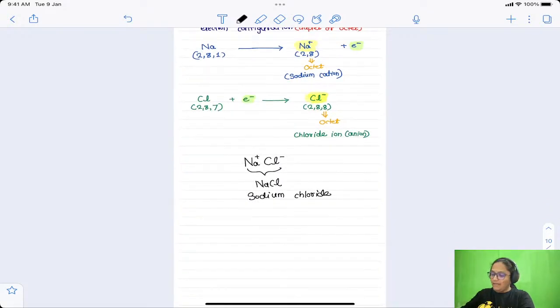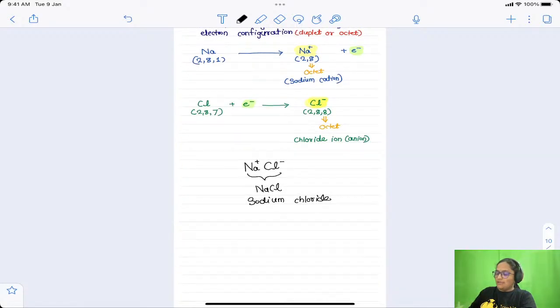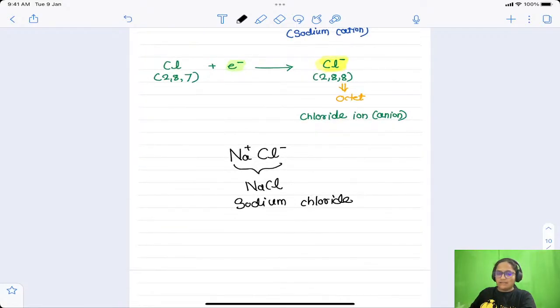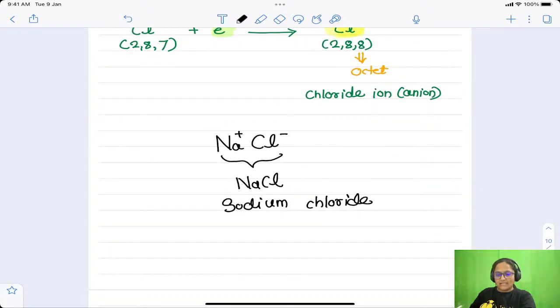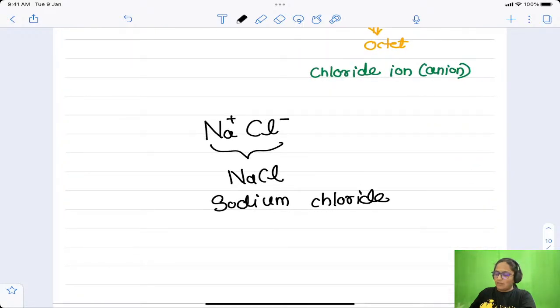Now here Na plus and Cl minus, they are oppositely charged ions, right? One is positive, another is negative. That means there is attraction. So there is a type of attraction in them. Na plus and Cl minus is attracted by a type of attraction. That type of attraction is nothing but chemical bond.